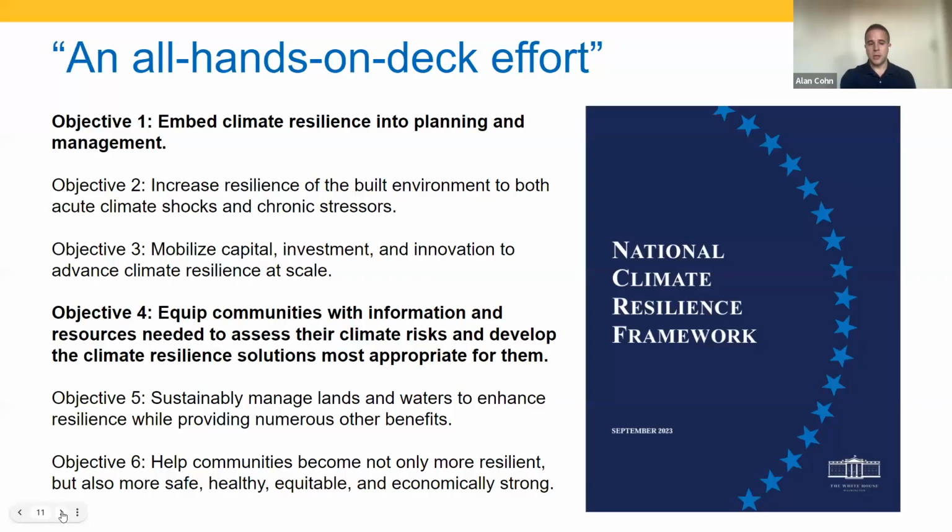So one thing we also wanted to acknowledge is that our work today, we believe, aligns with the new Biden-Harris National Climate Resilience Framework, which outlines 6 core objectives for a roadmap to climate resilience, including embedding climate resilience into planning and management, and equipping communities with information and resources needed to assess their climate risks and develop the climate resilient solutions most appropriate for them. The quote on top, "an all hands on deck effort," is something I took from the intro of the report, which is referencing the multiple layers of government, community engagement.